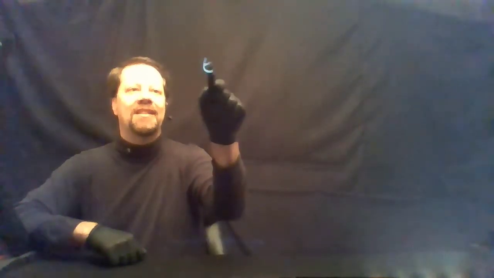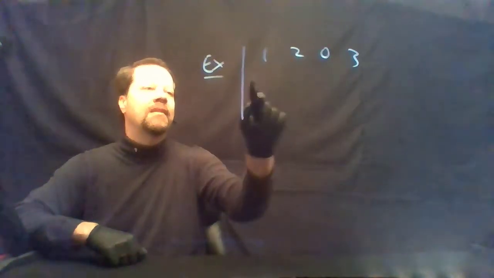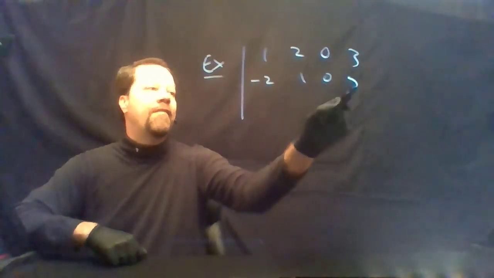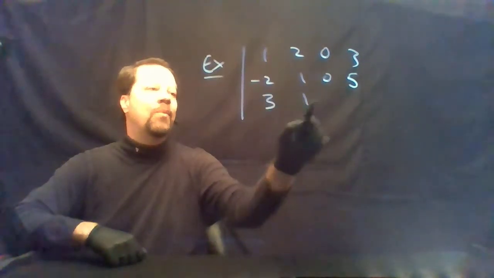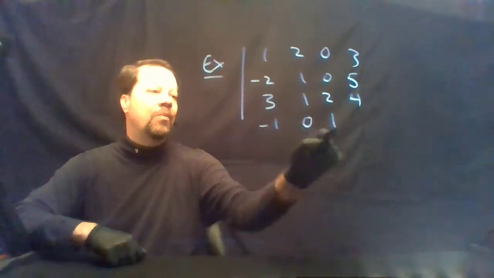This last theorem will really help us out if we're calculating the determinants of big matrices. So let's give an example. Suppose I'm calculating the determinant of 1, 2, 0, 3, negative 2, 1, 0, 5, say 3, 1, 2, 4, and negative 1, 0, 1, 0.